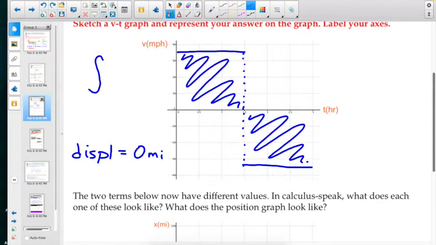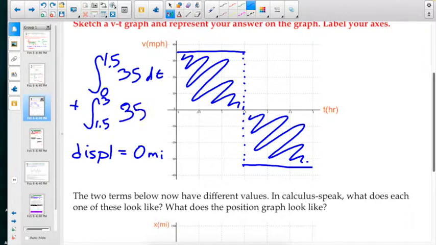So what needs to happen from a calculus standpoint to get the setup correct?